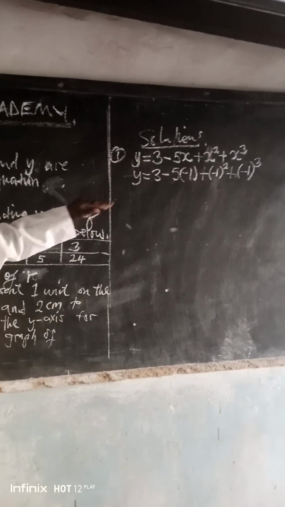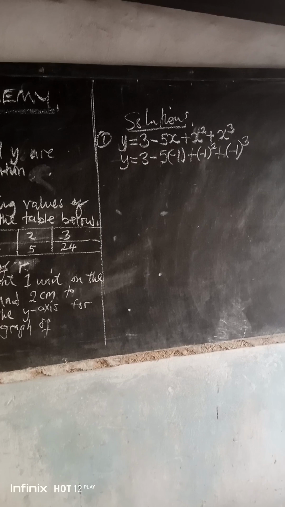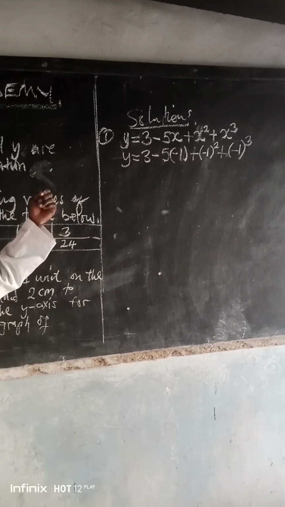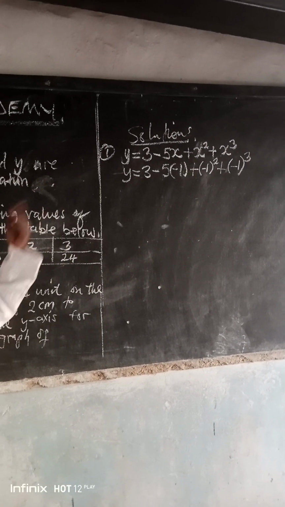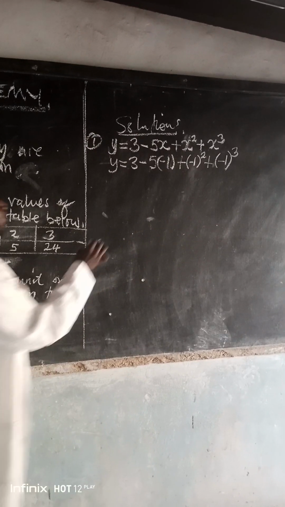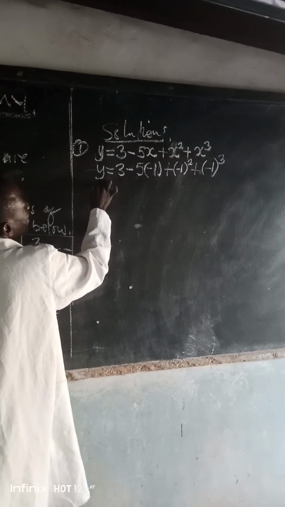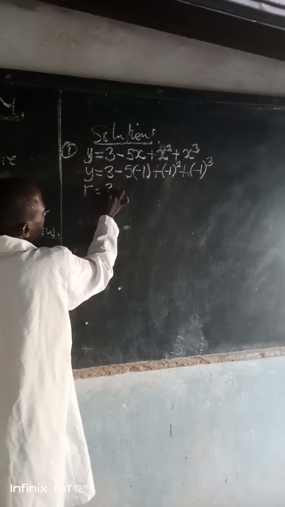For those that have calculators, just press it directly. But even if you can't use a calculator, you can do it in your head, because these are simple equations. So this y, R, equals 3.